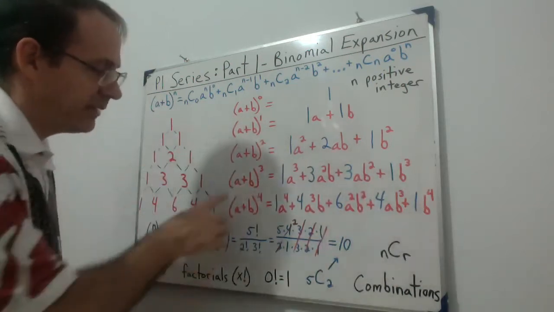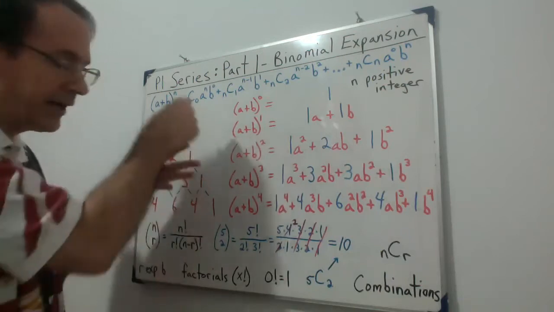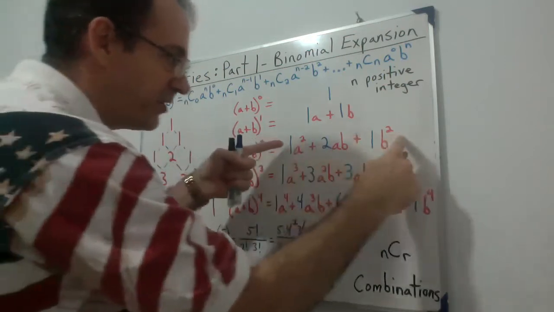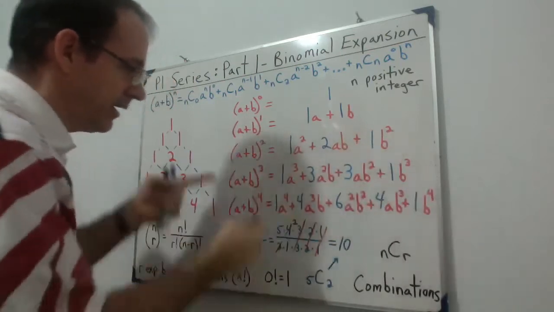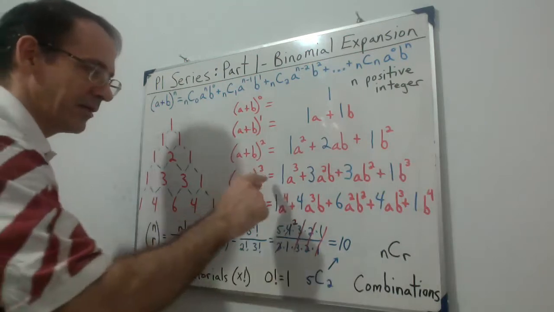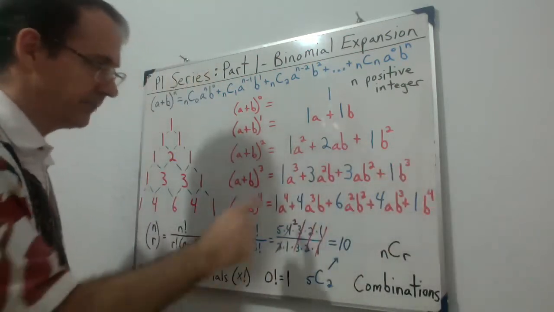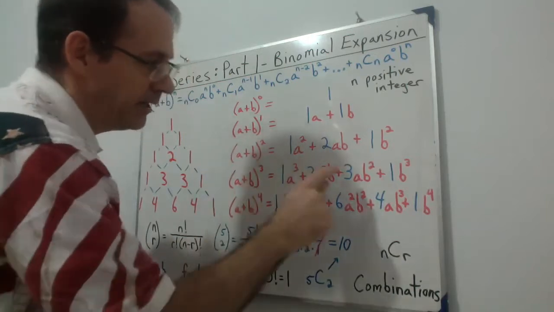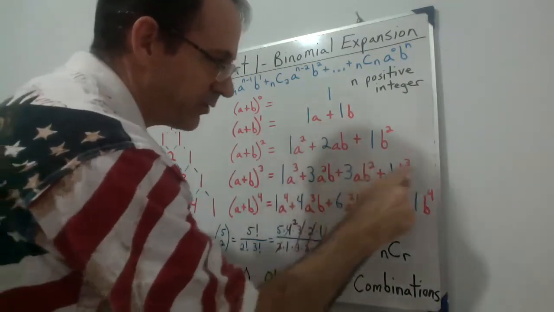Then we get to (a + b) cubed. If you want to do it on a scratch piece of paper and take this, the (a + b) squared, and multiply it by another (a + b) and see what you get, this is what you would get. You would get 1a cubed plus 3a squared b plus 3ab squared plus 1b cubed.